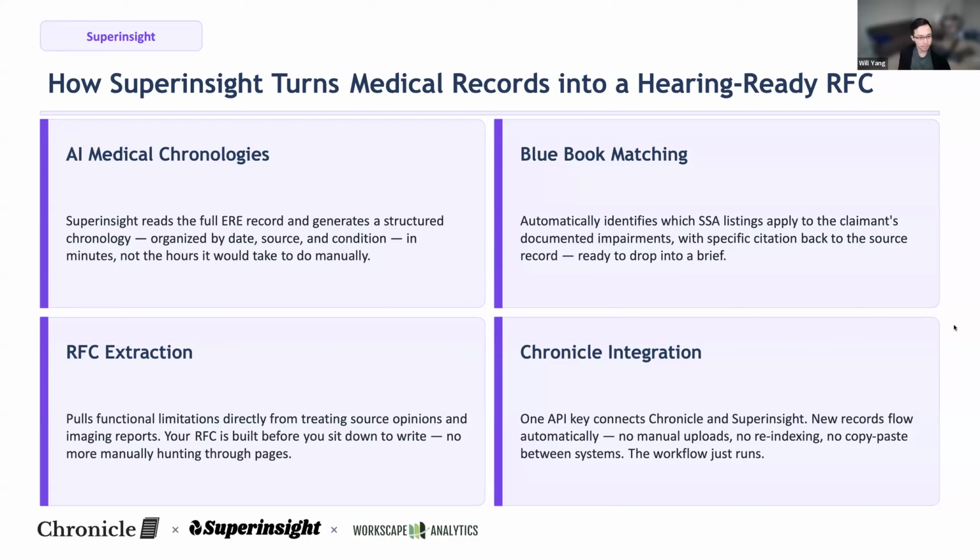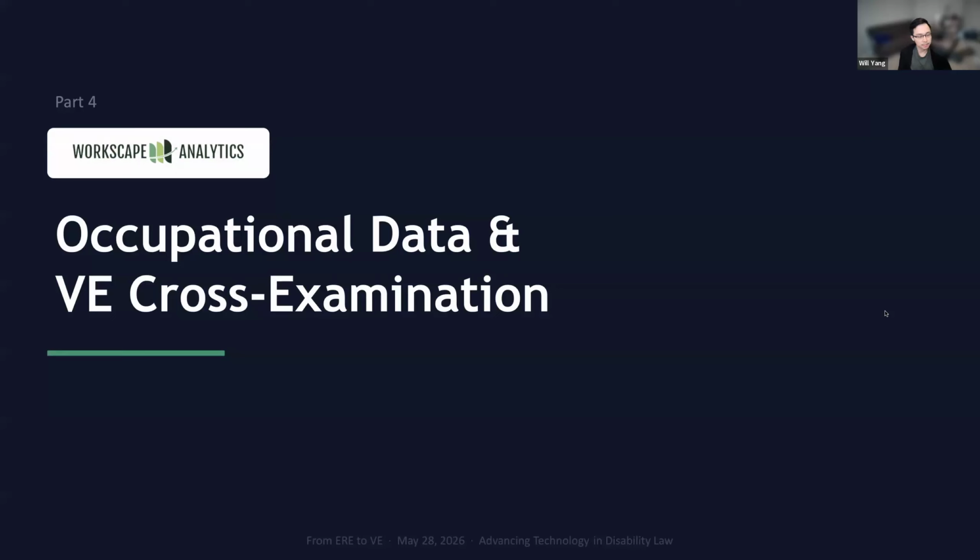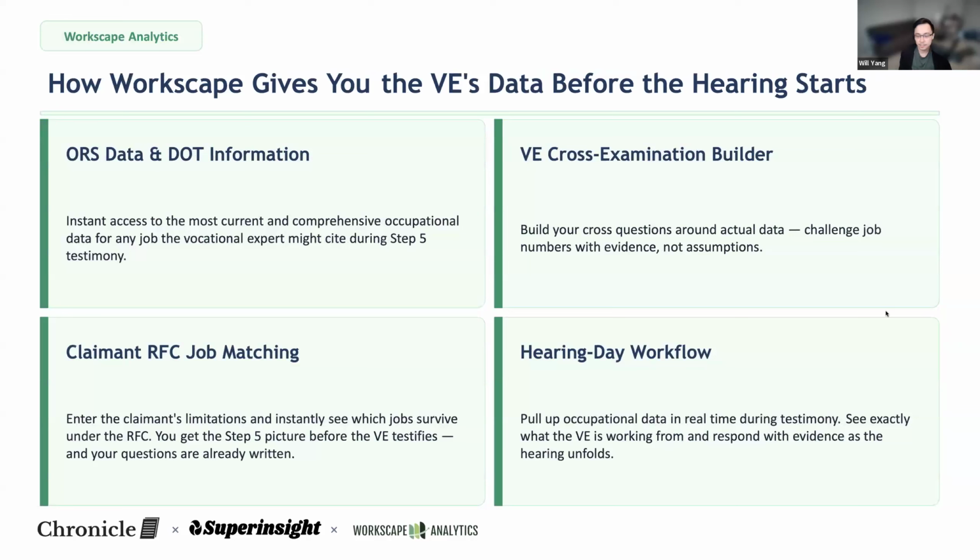Yep. So as Luke mentioned with his RFCs, that leads us to Workscape, sharing more about the occupational data and the VE cross-examination side of things. Yeah, you should not go into a hearing empty-handed, especially since the burden is now with you to challenge the VE's testimony and challenge those faulty job number estimates. How are you supposed to do that if you don't have your own evidence in hand?